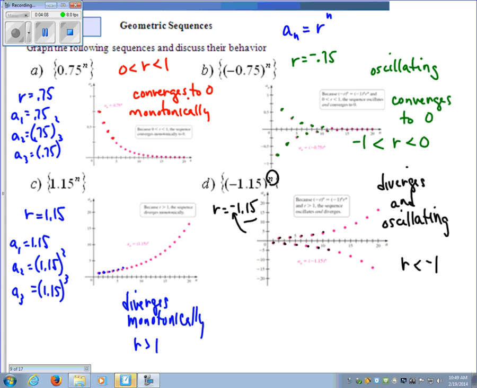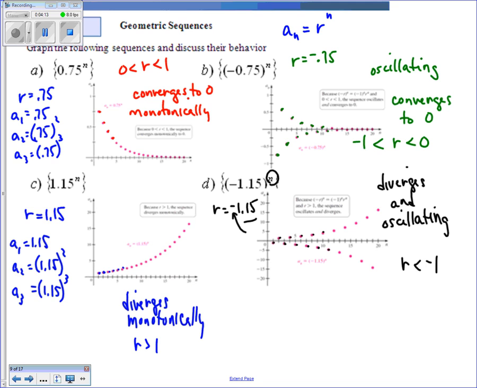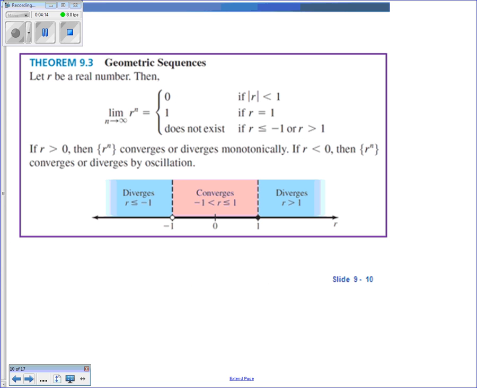Okay, now the size of the r matters and the sign. In summarizing that information in this table, I've got that if you have a geometric sequence, that's a sequence that's in the form a sub n equal to r to the nth power. This sequence, talking about the individual numbers, will converge to 0. Now I'm taking the limit as n goes to infinity. That's finding what those terms are getting closer and closer to.